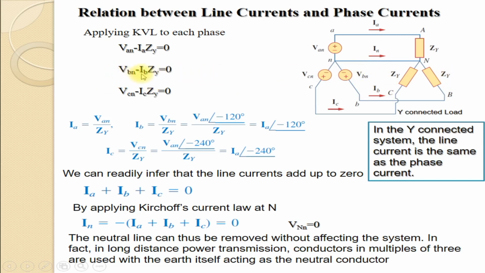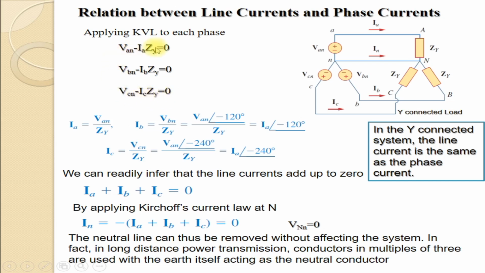This VBN, IB and ZY are all in phasor form. Similarly, if you apply Kirchhoff's voltage law to this loop, starting from the point N, going through this and completing at N, the equation corresponding to that loop will be VCN minus IC ZY equal to 0, all in phasor form.